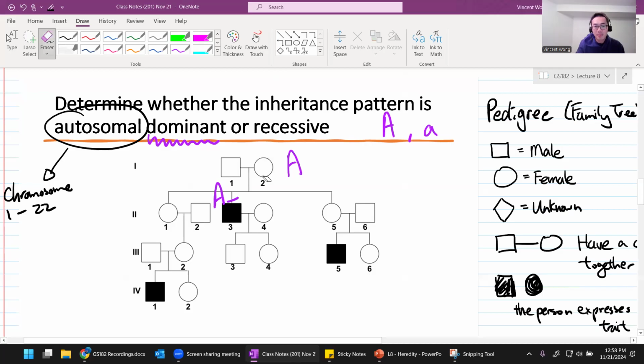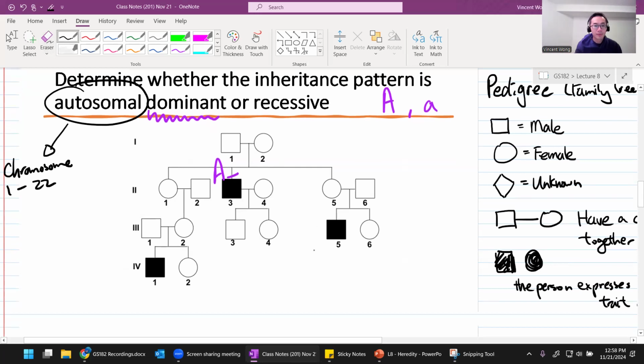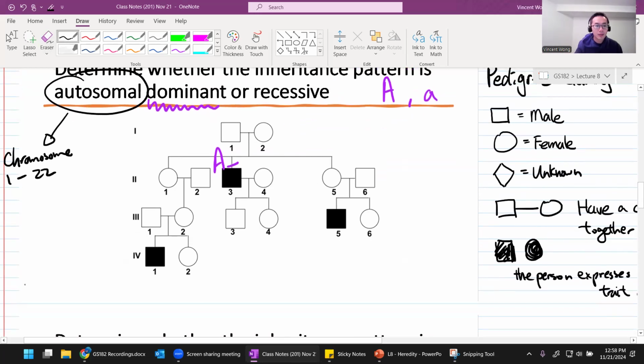Similarly, if the big A came from the father, he would have been shaded in, but he's not. That's how we know this cannot be a dominant trait. Do you guys understand that? So this cannot be dominant, because the big A would have come from 1.1 or 1.2, which means at least one of them would also have the trait.